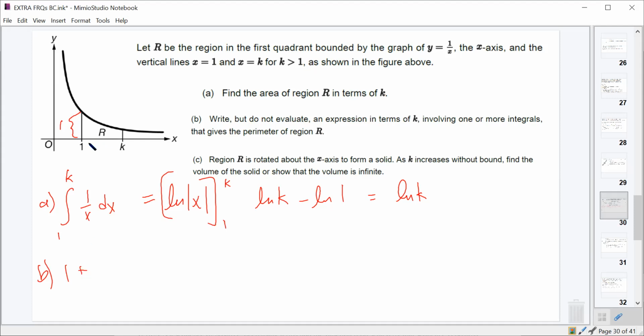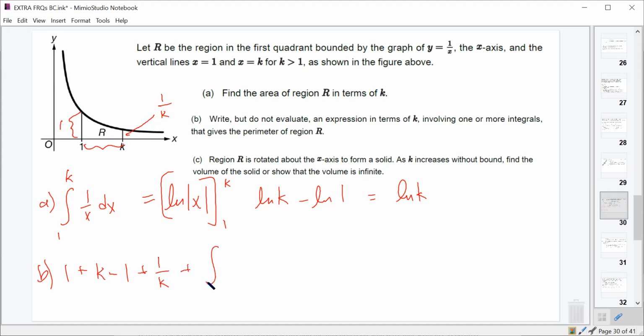And then plus the distance from 1 to k, which ought to be k minus 1. And then this distance here, which is the y value at k, which ought to be 1 over k. And a lot of people forget all these little pieces when they're doing the perimeter. I don't know why, but for some reason people do.